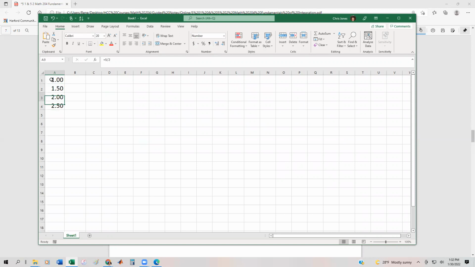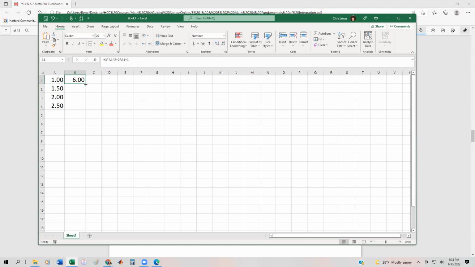Of course, we could just get the decimal approximations of those. And so remember, we had 3 times x squared, but instead of x, I'm just going to use A1 squared because I'm referencing this 1 here, plus 2 times x, or 2 times A1, plus 1, right? So that gives us 6, which is the value of f at 1.